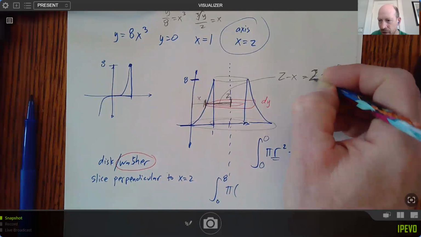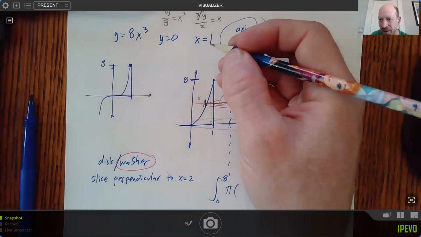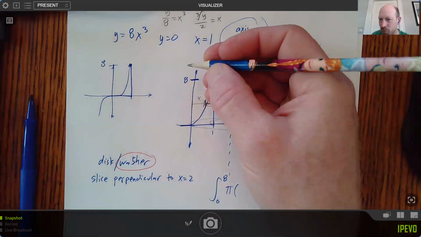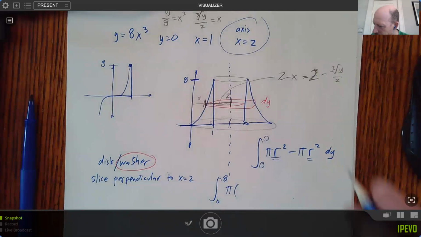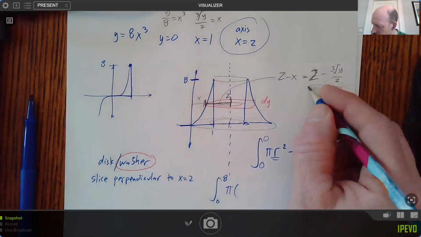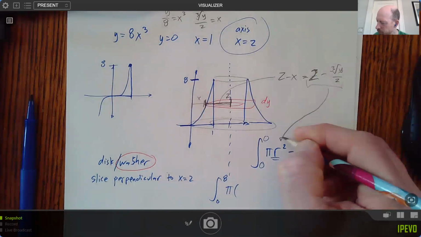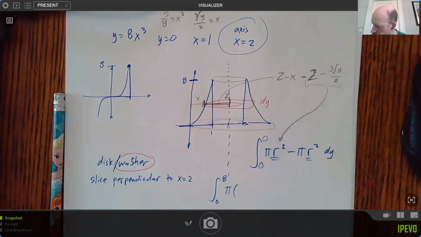Maybe you guys noticed my awesome pencil that I'm working with today. This is my outer radius, so that goes here. 2 minus the cube root of y over 2, squared.